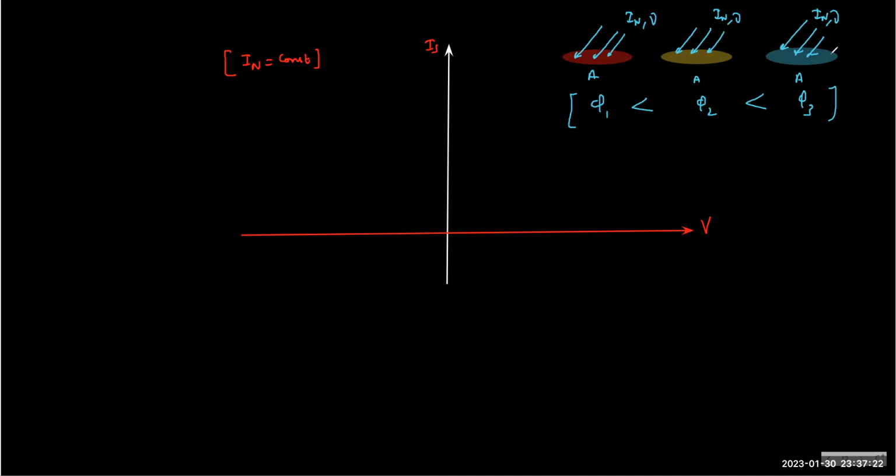So which one requires maximum stopping potential? The first one, right? Yes, sir. But all will eventually go to the same level of current because the number is fixed same, right? Yes, sir. So if you plot a graph, it will look like this.